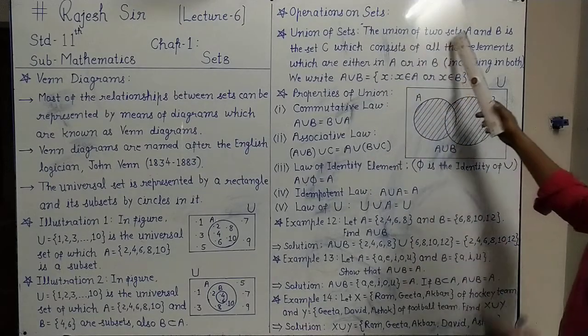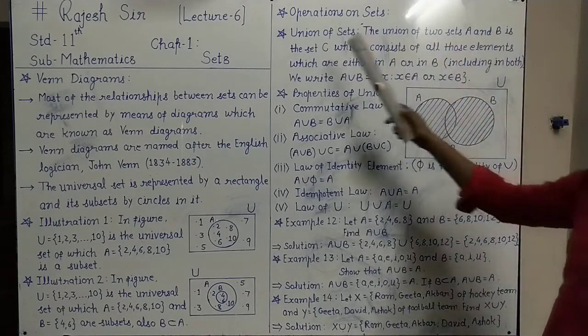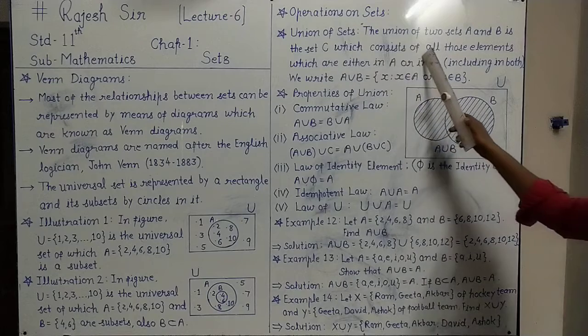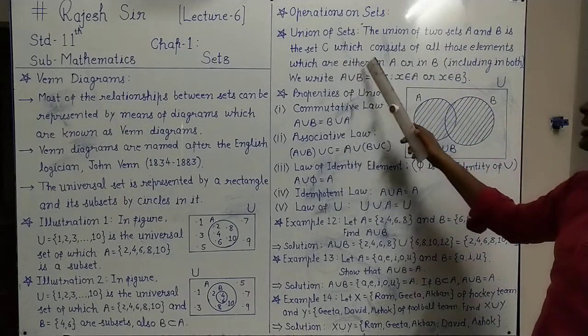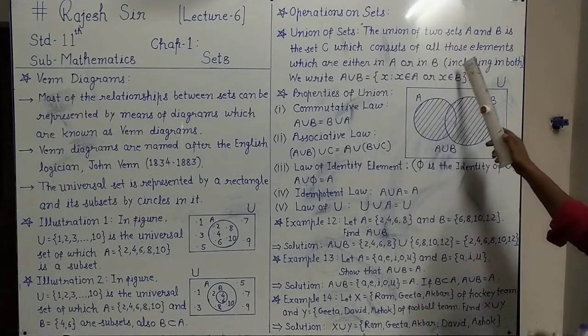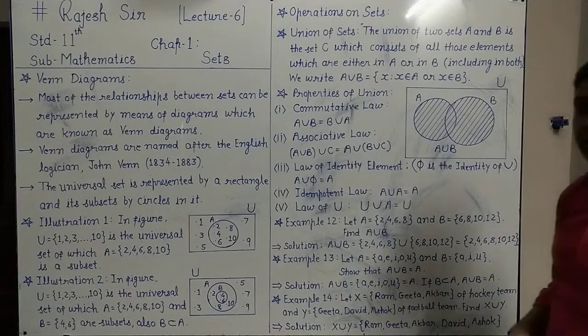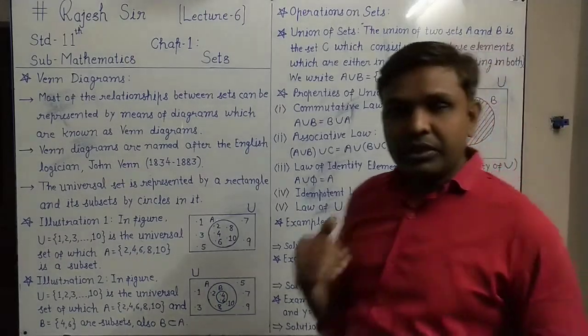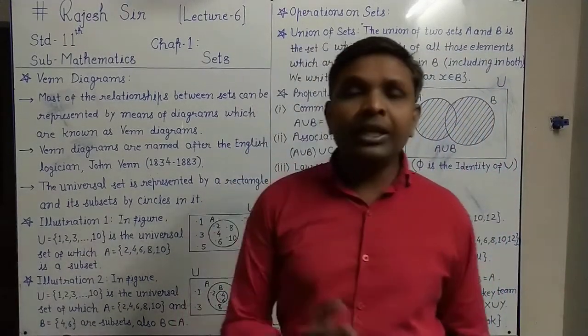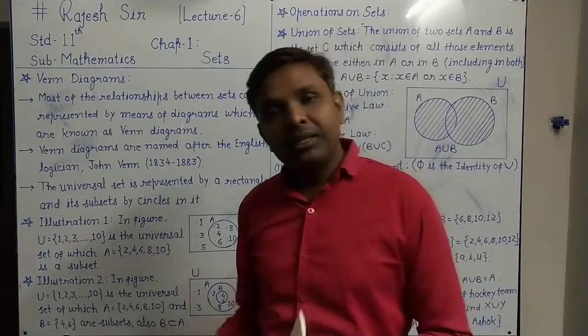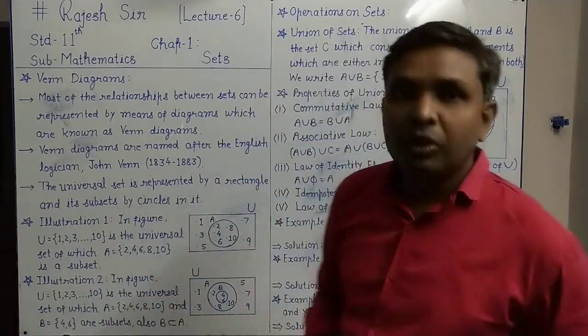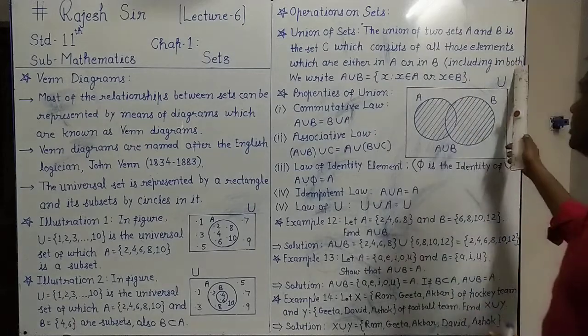The union of two sets A and B is the set C, which consists of all those elements which are either in A or in B, including those in both. It means the union set consists of all the elements of set A and set B, as well as their common elements, which are in both.